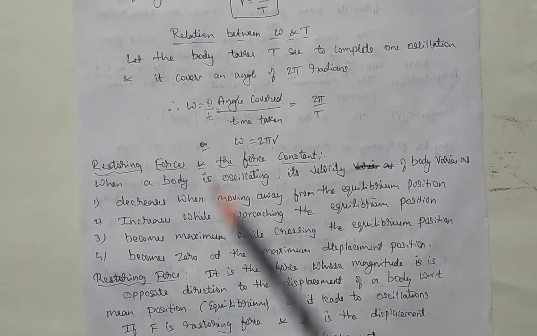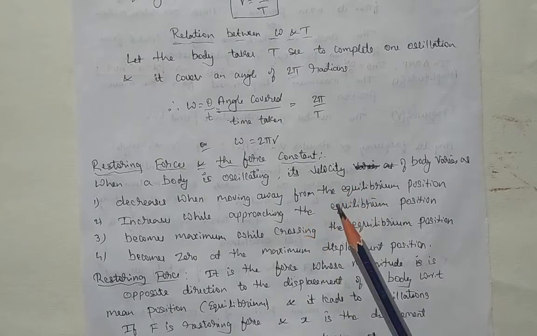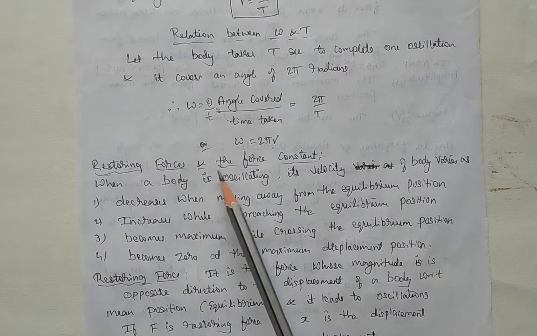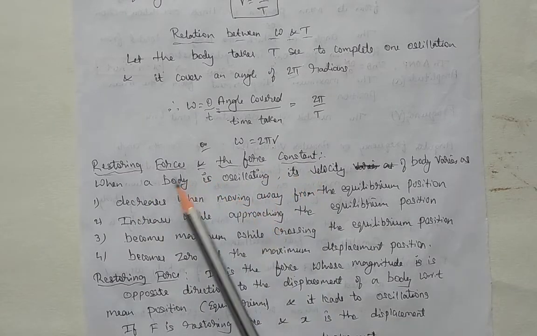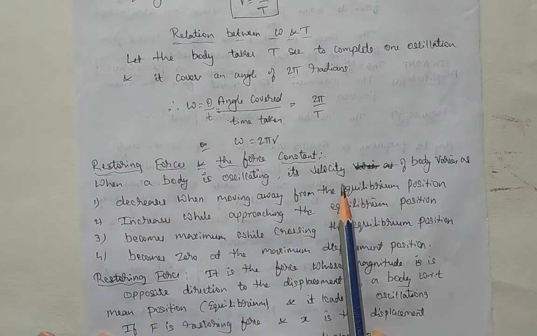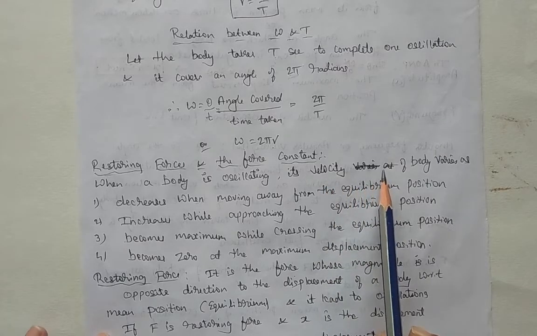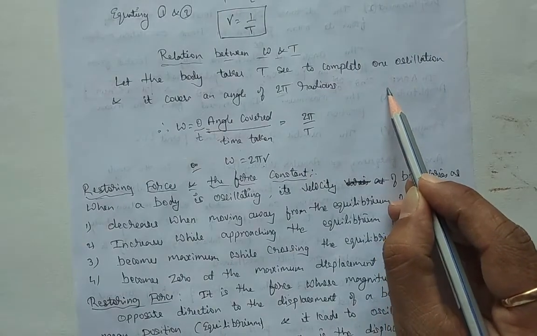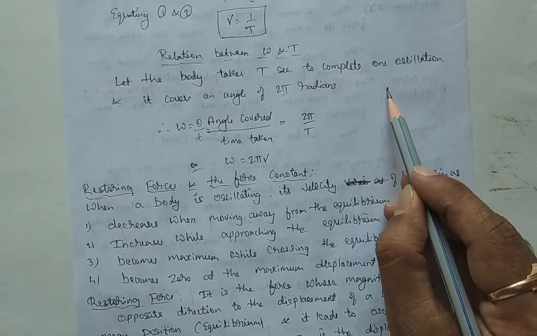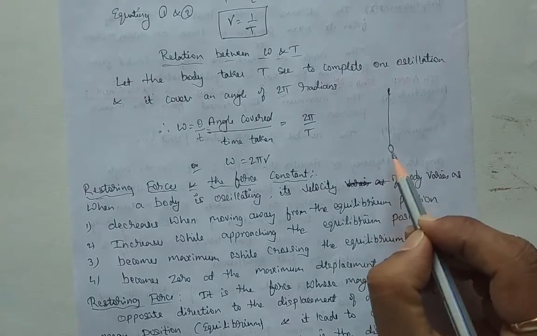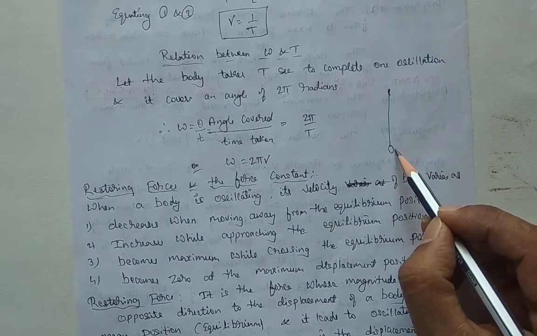Next, these are all the things which we have come across. Now the next one is the restoring force and the force constant. Before getting into this, let us try to understand, whenever a body is oscillating, how its velocity is going to vary. Suppose we take a simple pendulum. This is the bob of the pendulum and it is set into oscillation.